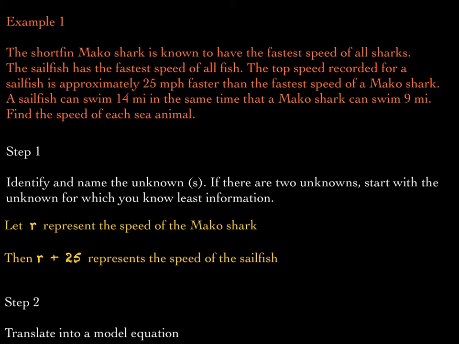Starting here at this sentence: a sailfish can swim 14 miles, watch this, in the same time, I'm going to circle that, that a mako shark can swim 9 miles. So a sailfish swims 14 miles, a mako swims 9 miles, all in the same time.